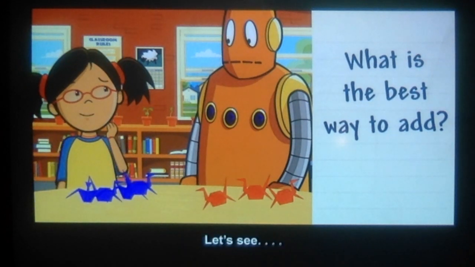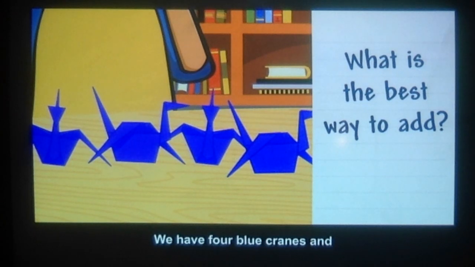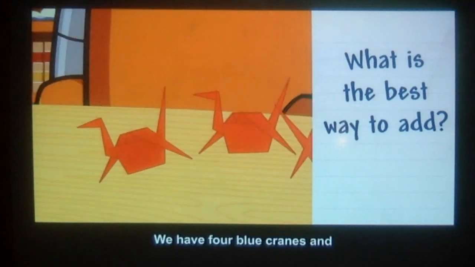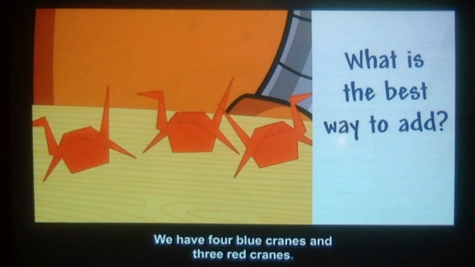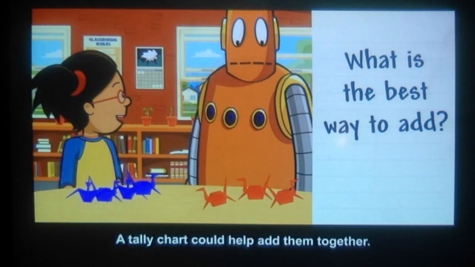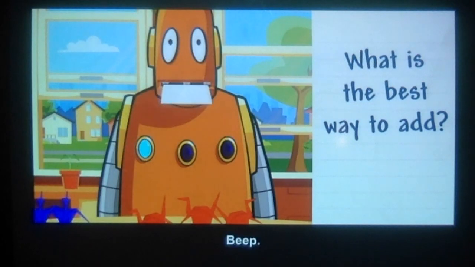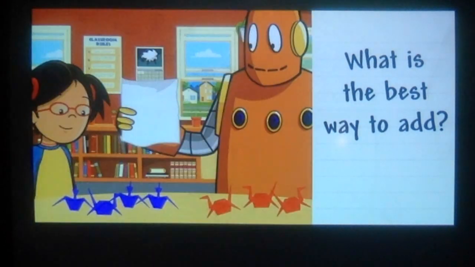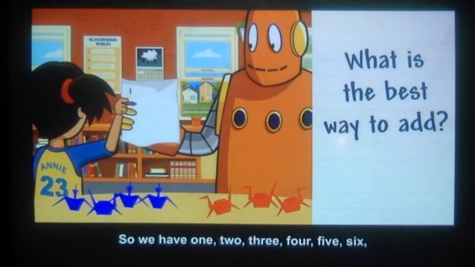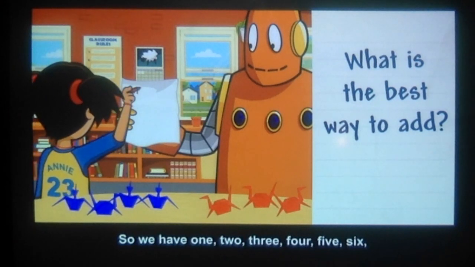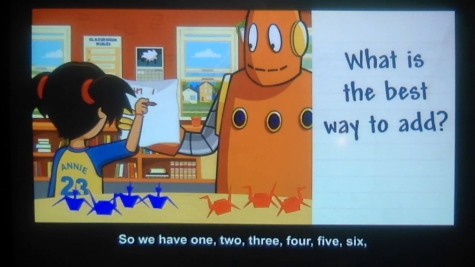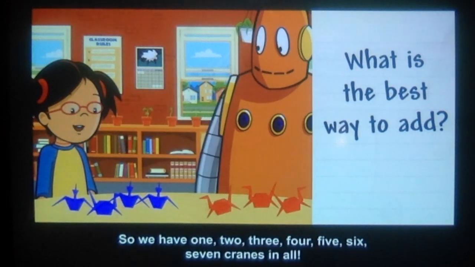Let's see. We have 4 blue cranes and 3 red cranes. A tally chart could help add them together. So we have 1, 2, 3, 4, 5, 6, 7 cranes in all.